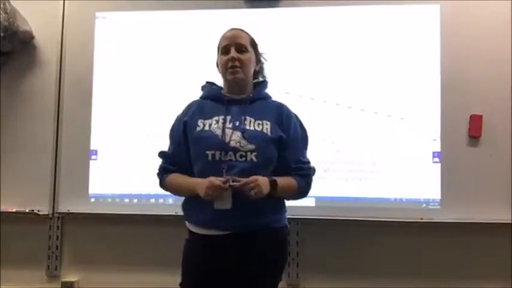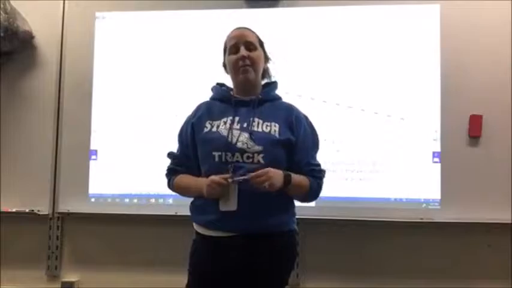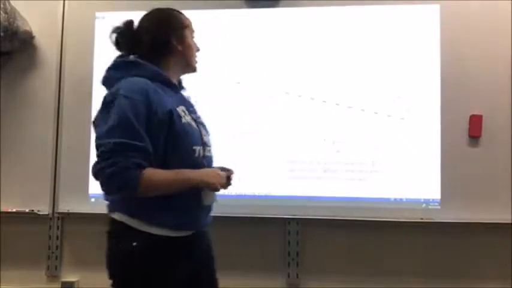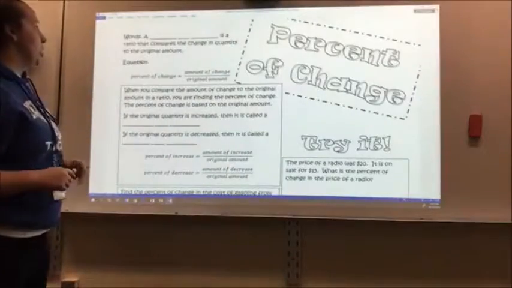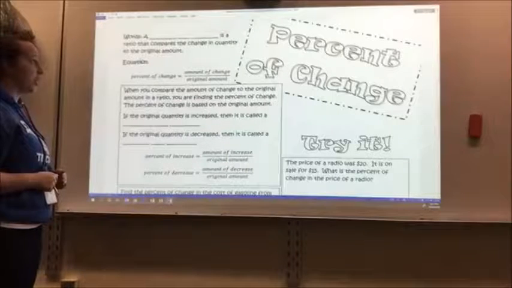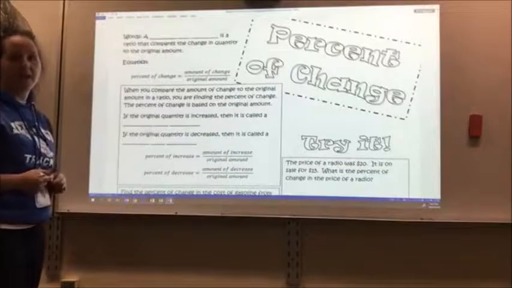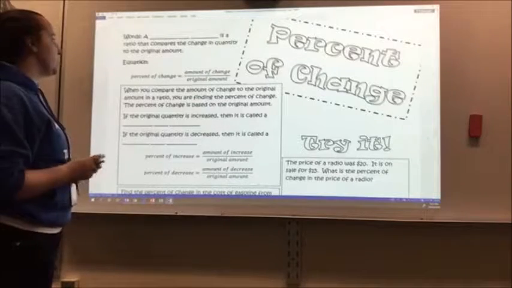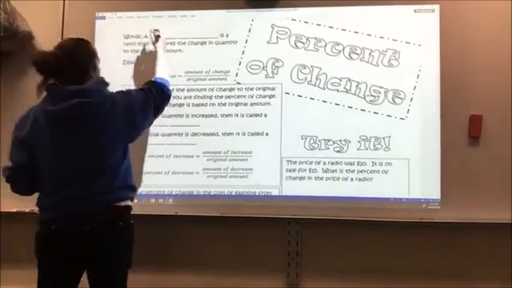All right, this is Chapter 2, Lesson 5, Percent of Change. So, in words, a blank, blank, blank is a ratio that compares the change in quantity to the original amount. In those three blanks, you're going to write percent of change.